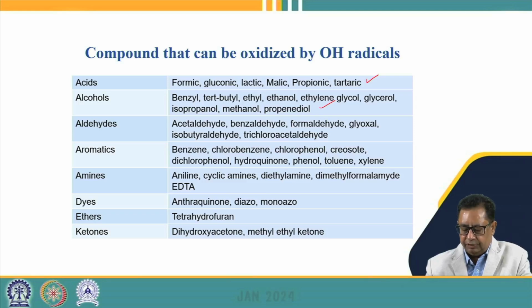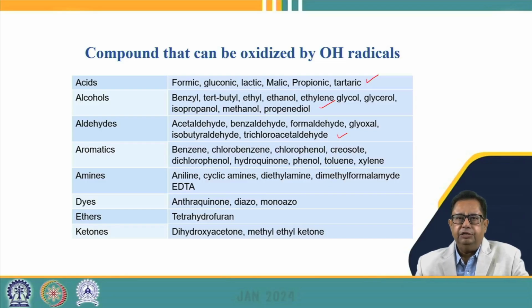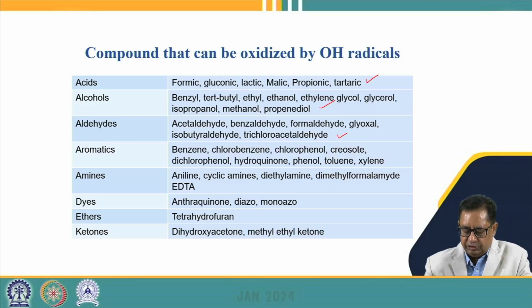We can have aldehydes like acetaldehyde, benzaldehyde, formaldehyde, glyoxal, isobutyraldehyde, and trichloroacetaldehyde. These are some of the compounds that can be degraded easily, which cannot be degraded by conventional treatment processes. For example, the aromatics like benzene, chlorobenzene, chlorophenol, creosote, dichlorophenol, hydroquinone, phenol, toluene, and xylene.